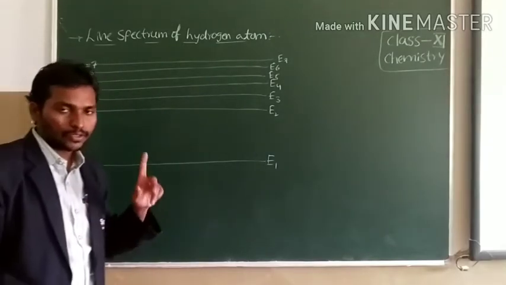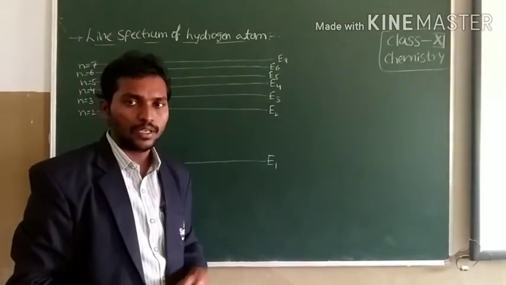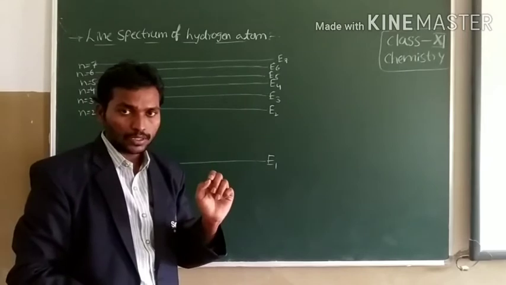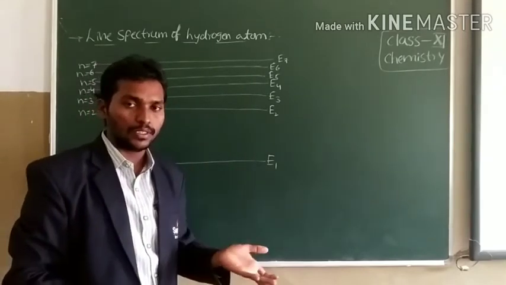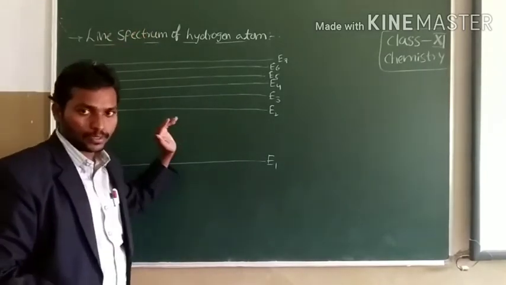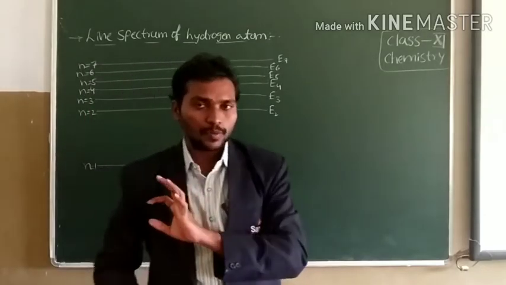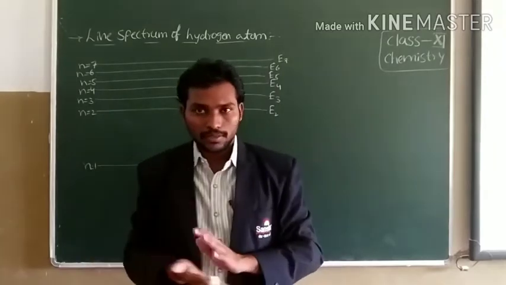We know that hydrogen has one electron. Under normal conditions, the electron is in the ground state. But when this electron absorbs energy from the surroundings, it gets excited to the higher energy levels. And the electron at higher energy levels may not be stable for a long time. Then it comes back to the lower energy levels.